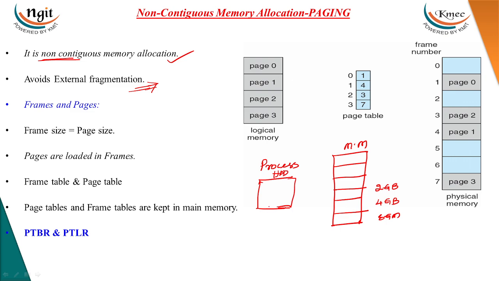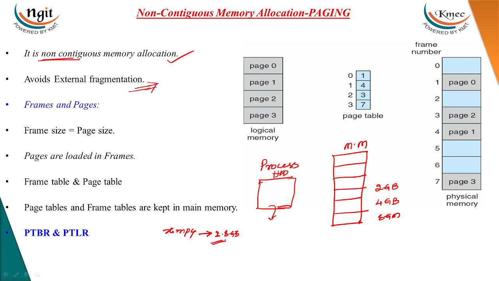Now, when it comes to a process, suppose a movie file, some particular x.mp4, is either 1.4 GB or 2.8 GB.